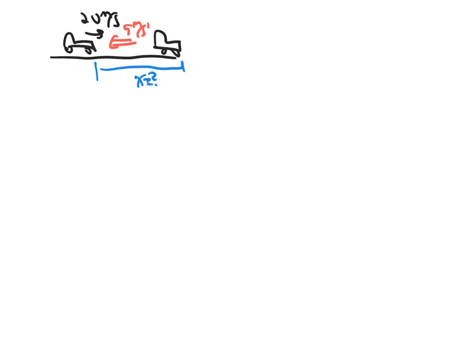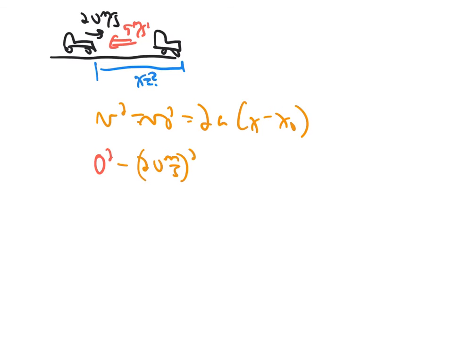So we say here pretty easily we have that v squared minus v0 squared is 2a (x minus x0), and we can write in some of these guys up. We end at rest, and we started at 20 meters per second, which we square, and then that's equal to, well, we know that our acceleration is minus 5 meters per second squared.